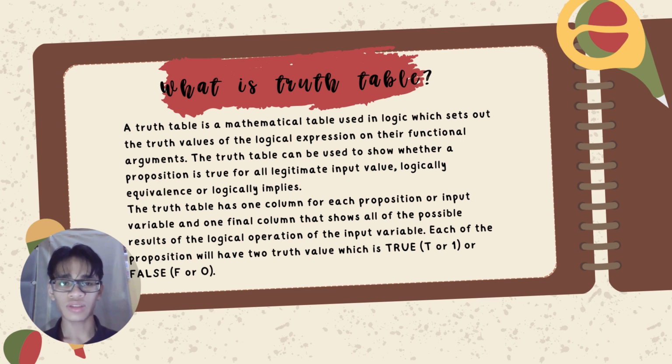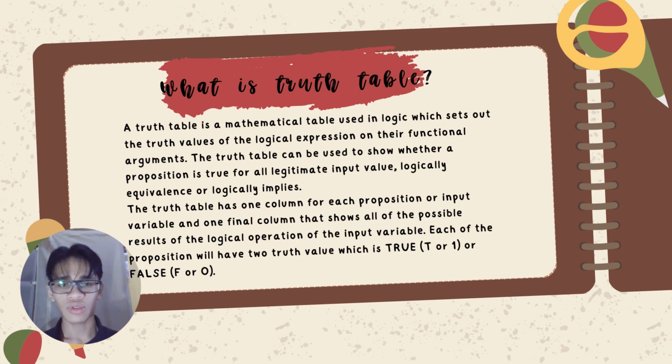A truth table is a mathematical table used in logic which sets out the truth values of the logical expression on their functional arguments. A truth table can be used to show whether a proposition is true for all legitimate input values, logically equivalent, or logically implies.